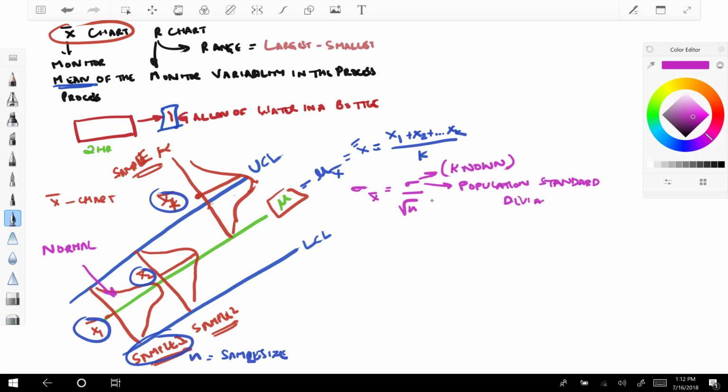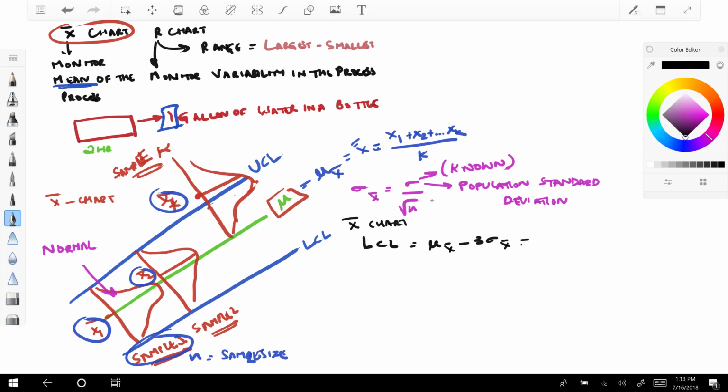So the formula for the control limits is what we are trying to determine here. Our formula for the lower control limit, for this XBar chart, is given by mu x bar minus 3 sigma x bar.